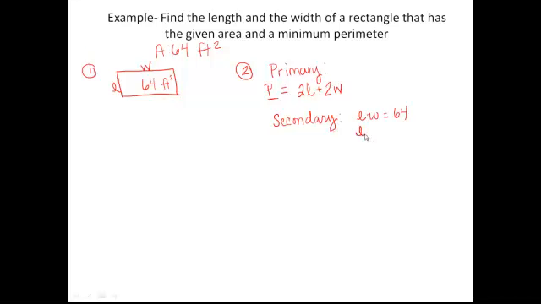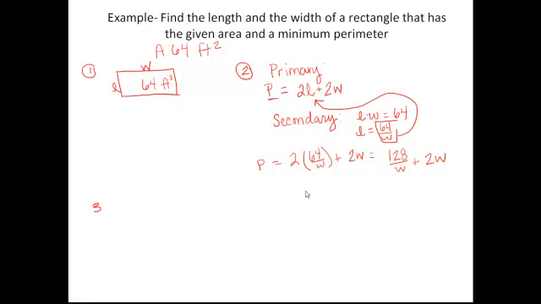So I'm going to go ahead and solve for length in terms of W, so just divide by W from both sides, because now what I can do is say that perimeter, I can take this, sub it in for my L, and what I'll get is perimeter is equal to 128 over W plus 2W.